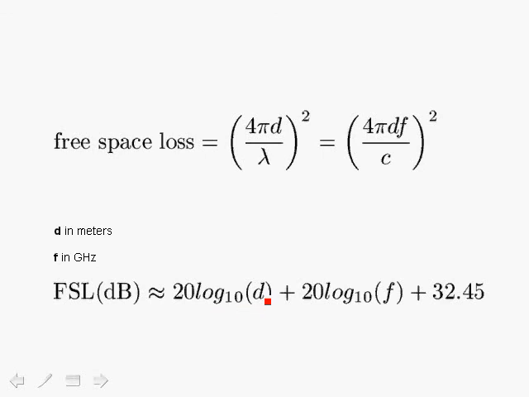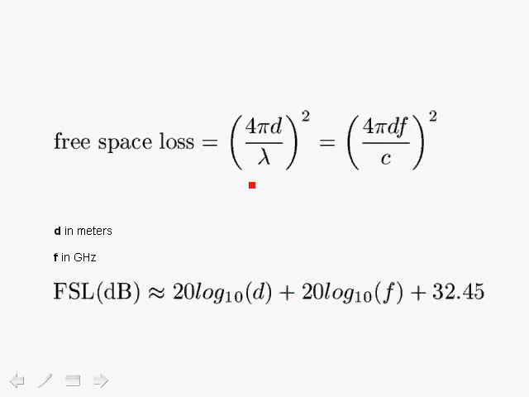The unit for D, distance, in this case is meters, and the unit for frequency is gigahertz. So, for example, at a distance of 1 meter, we have 20 log of 1, which is equal to 0, and at 1 gigahertz, 20 log base 10 of 1 is, of course, 0, and we actually get 32 dB of loss.